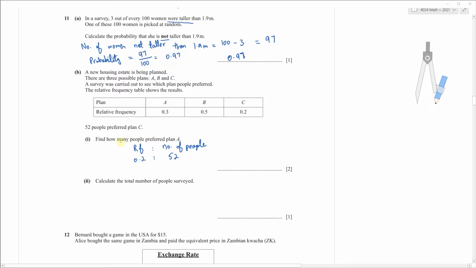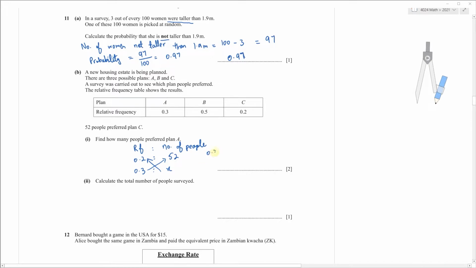And we need to calculate the number of people who preferred plan A. The relative frequency is 0.3, and let's call the number of people, which is unknown, X. Since relative frequency is directly proportional to number of people, which means higher relative frequency means higher number of people, we will cross multiply like this to find the value of X.